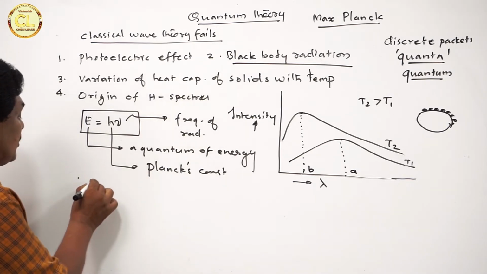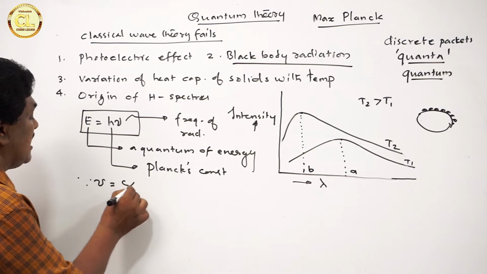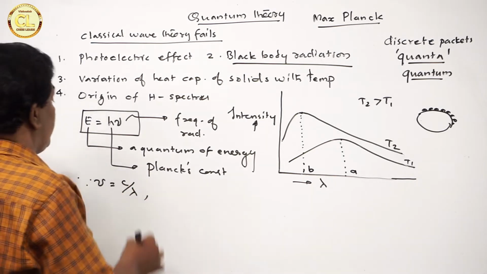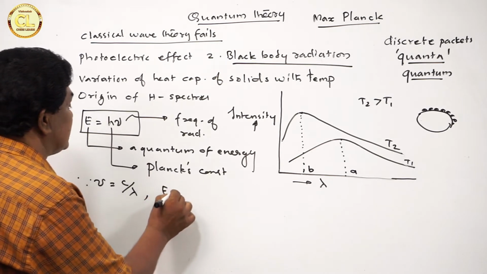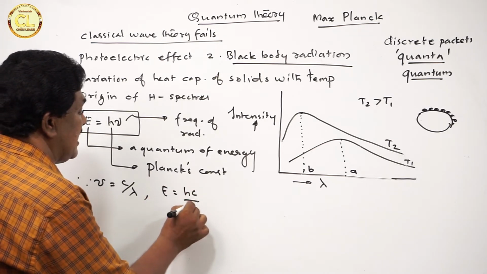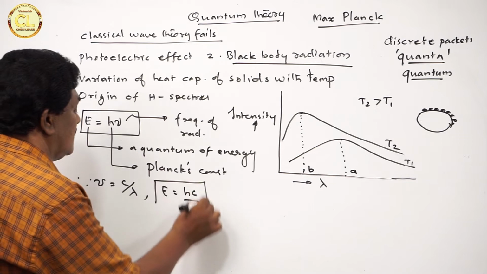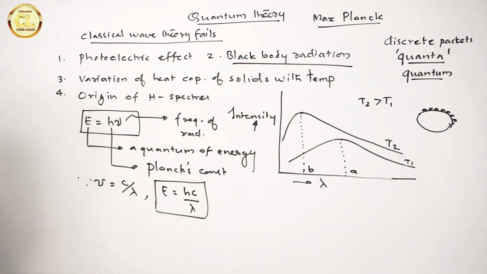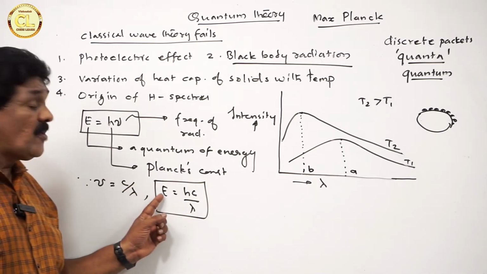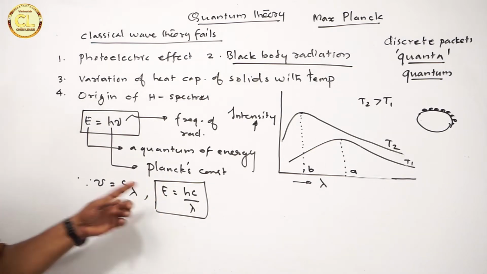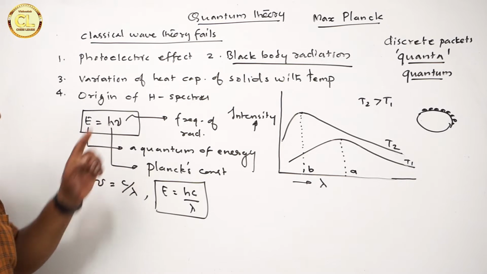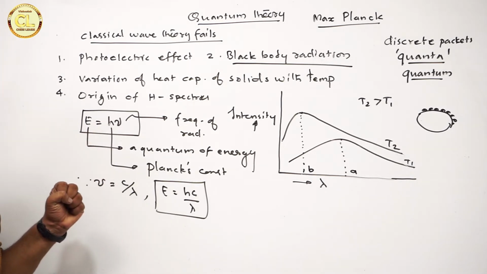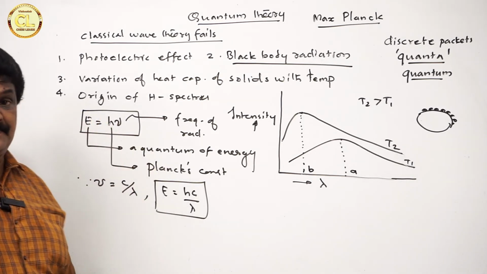Since nu is equal to c by lambda, we can substitute the value of nu here. We get E is equal to hc by lambda. This is the relationship by which a quantum of energy is expressed in terms of wavelength. This is the expression by which a quantum of energy is expressed in terms of frequency.